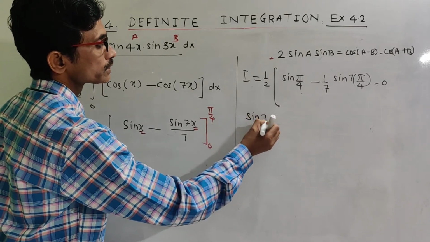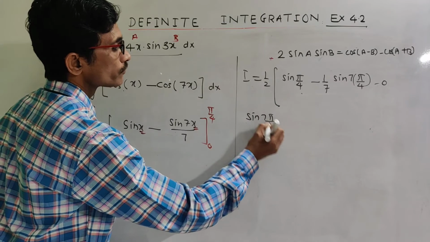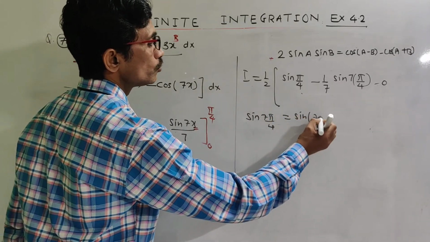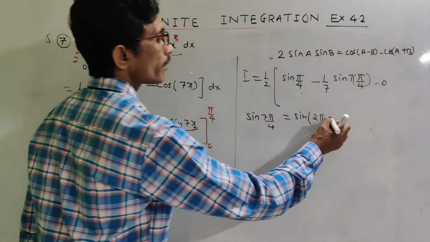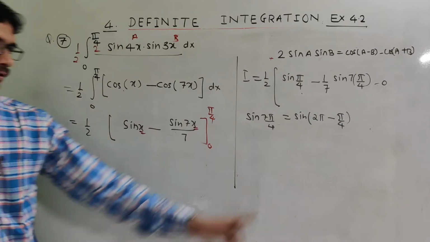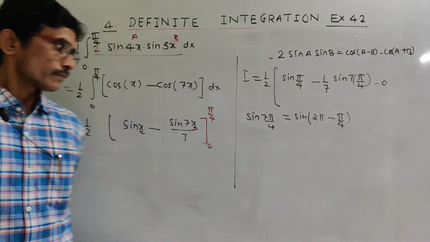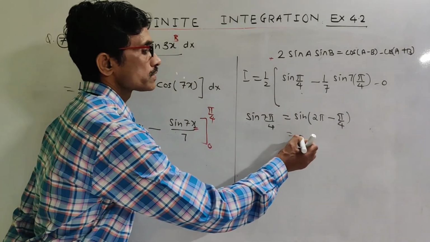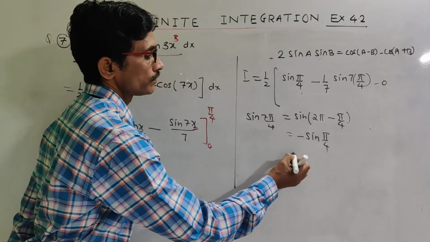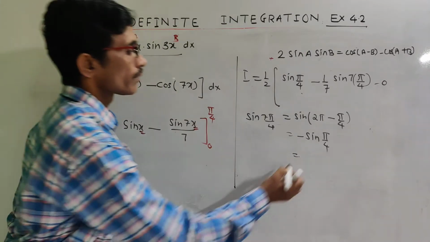Sin of 7 pi by 4 we can write as sin of 2 pi minus pi by 4. It is 2 pi minus pi by 4, 8 pi minus pi, and which is minus sin of pi by 4, and which is minus 1 upon root 2.